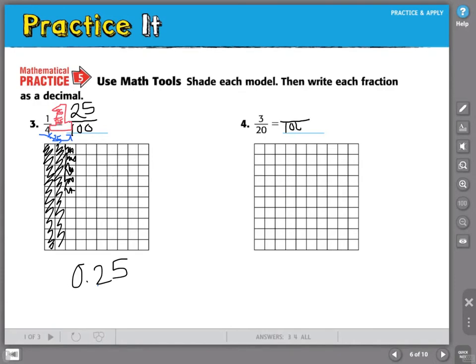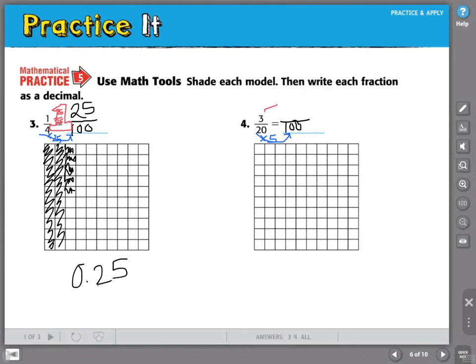Let's try with 3 twentieths. Again, I'm looking for a denominator of 100. Now, what do I have to do to 20 to turn it into 100? Well, I could skip count. Let's see, 20, 40, 60, 80, 100. I know that I had to multiply it by 5 to get to 100.